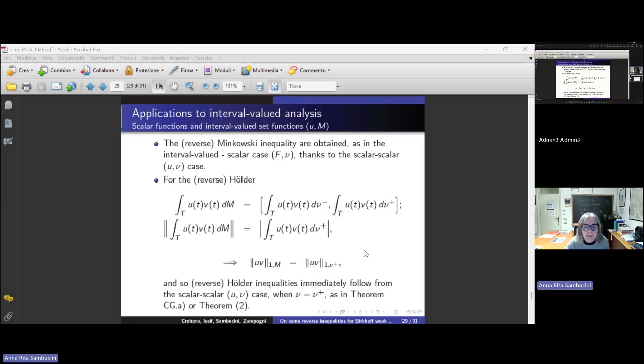So reverse order and order inequalities immediately follow from the scalar to scalar case when we consider n equal to n plus, and we apply the results of the scalar case.